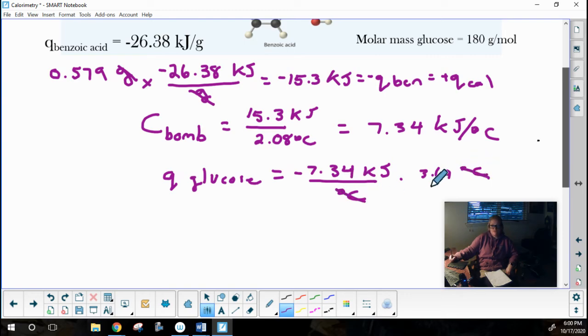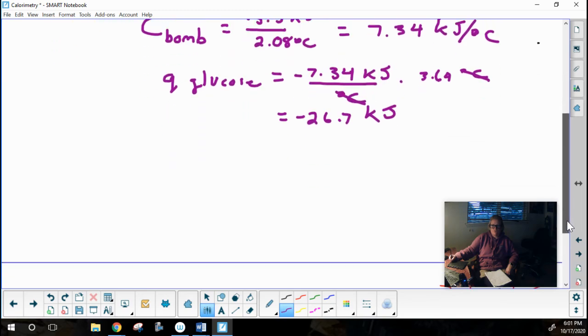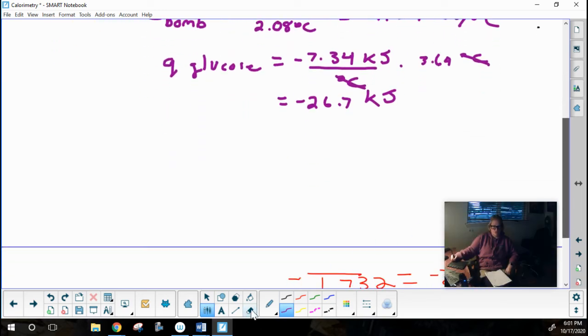So my degrees Celsius cancels out, and the heat released by my glucose was negative 26.7 kilojoules. So now I know how much heat was released from the glucose when I burnt my sample, and also absorbed by the calorimeter and the water inside the calorimeter.